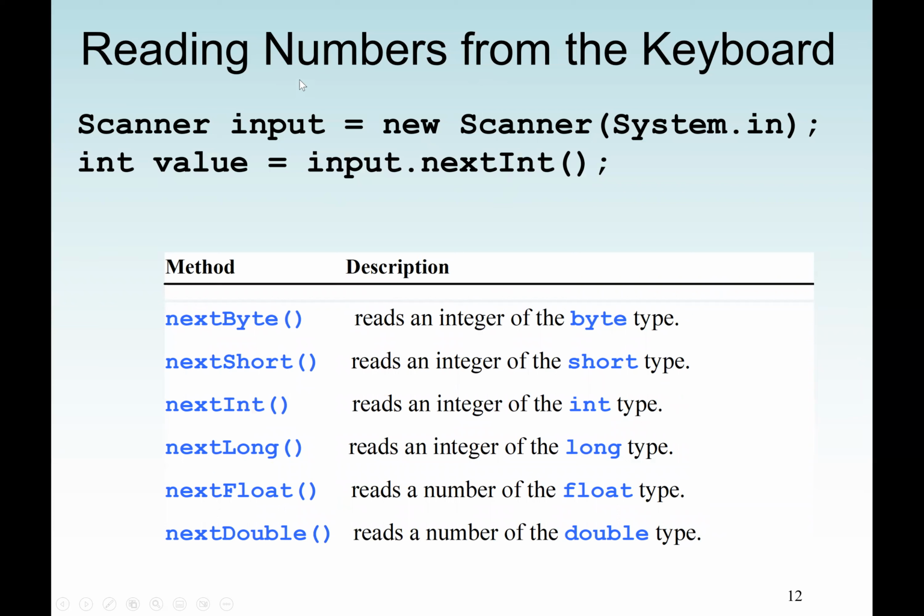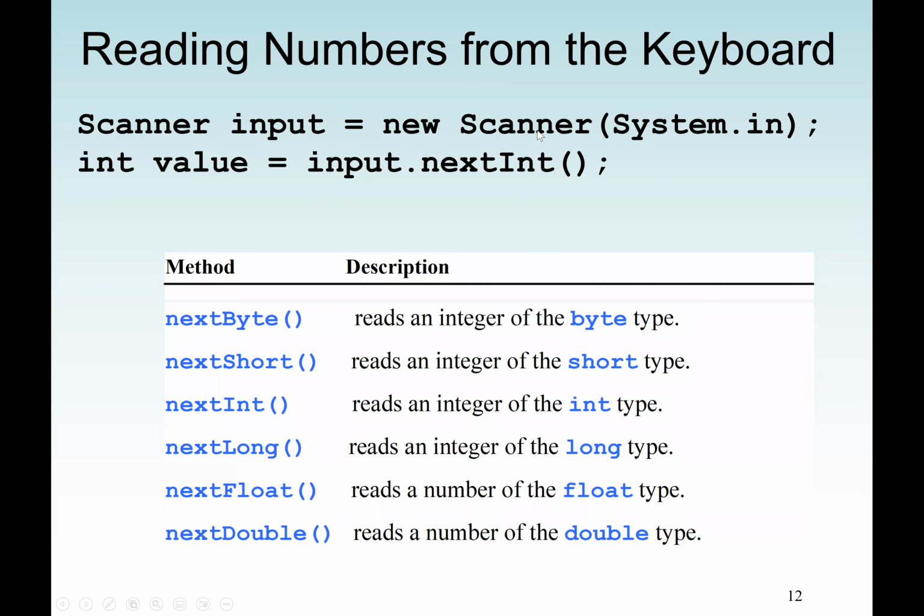When you import it, you can use the Scanner class to create a Scanner object. The Scanner object can have any name as long as it follows the rules of naming identifiers. Here we name it input, everything lowercase, equal to new Scanner(System.in). System.in means we are going to use the keyboard to get our input.